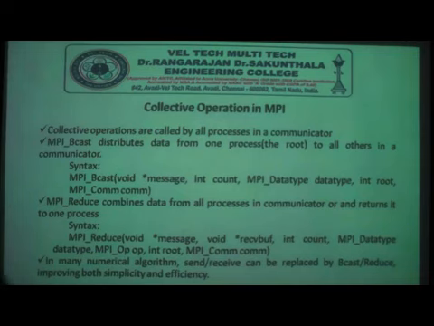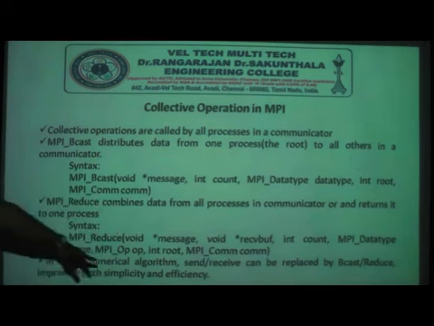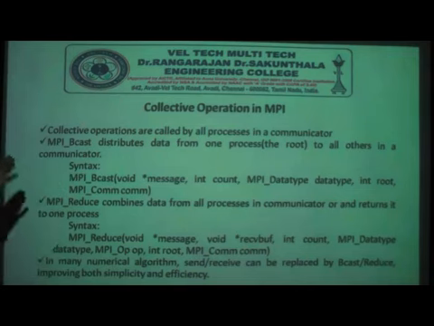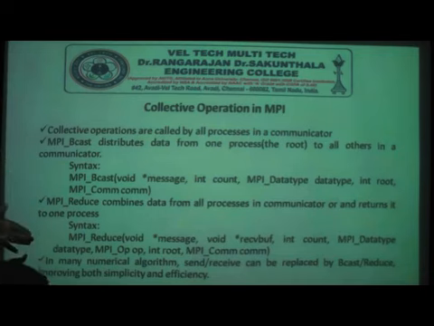In many numerical algorithms, send or receive can be replaced by broadcasting or reducing, improving both simplicity and efficiency. This methodology is used to communicate from one source to a destination via more than one node.